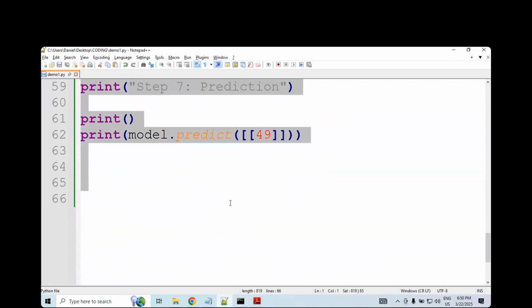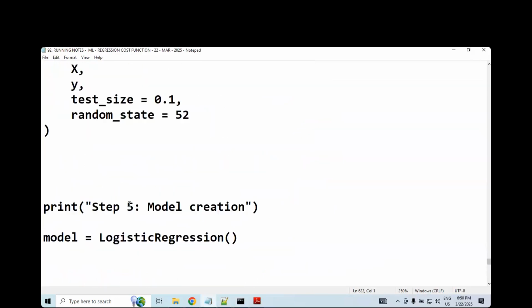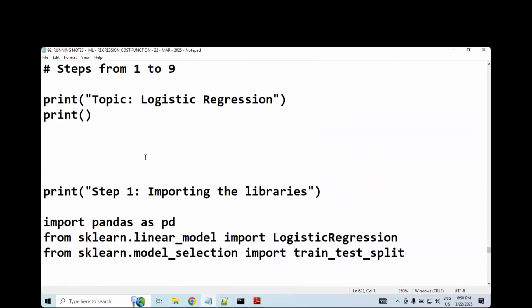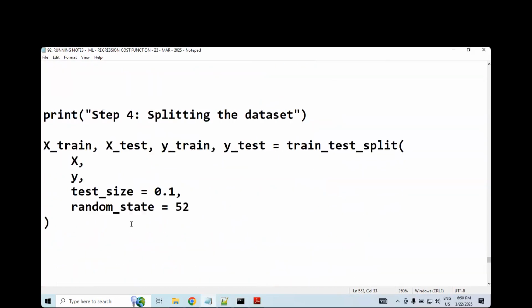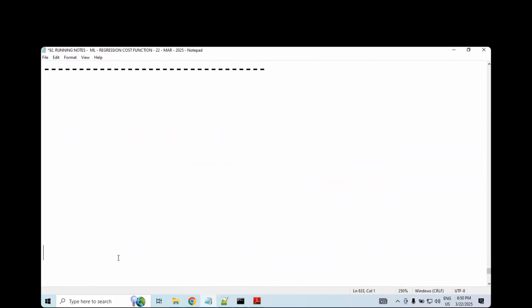Okay, now almost steps from 1 to 9. For every step I have created a separate program. That's the beauty of our material. Importing the library, separate example, loading the data set, separate example, data preparation, separate example. It helps you.